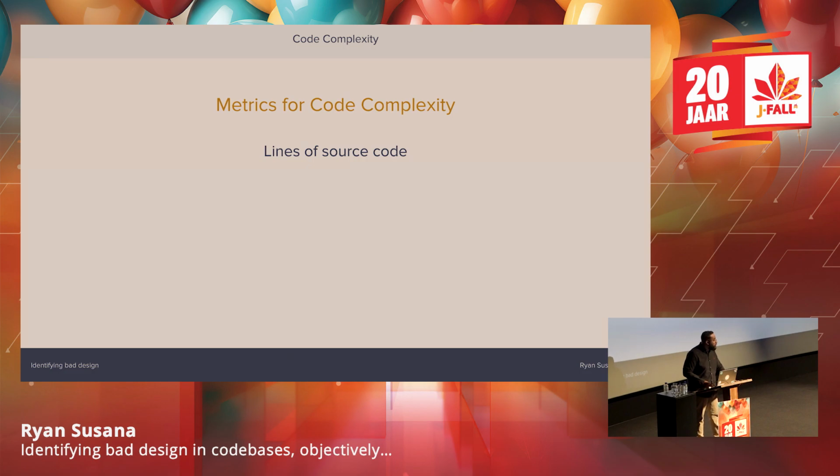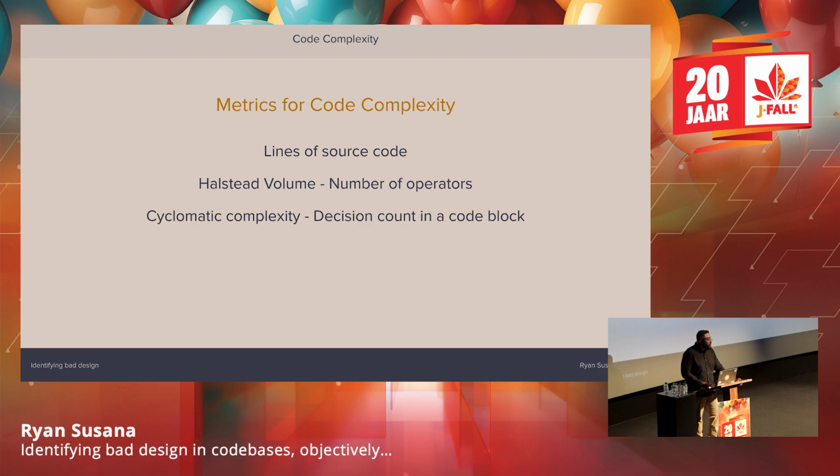Very simple. Another way is something very famous. It's called the Halstead volume. So you're just counting the number of operators in your code. Third way, probably the most famous of them all, is called cyclomatic complexity. So you're counting decisions in code blocks. You can do some research, it's quite popular.